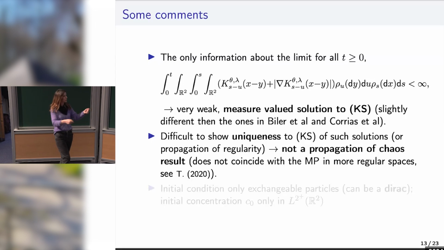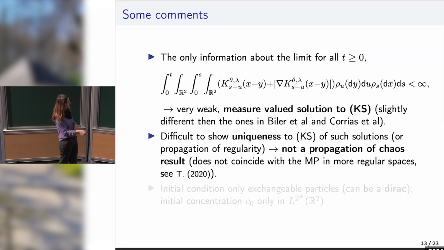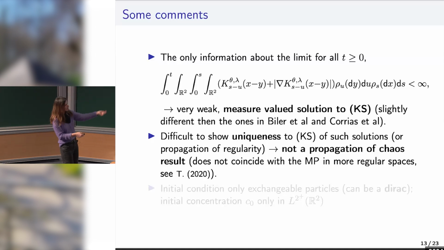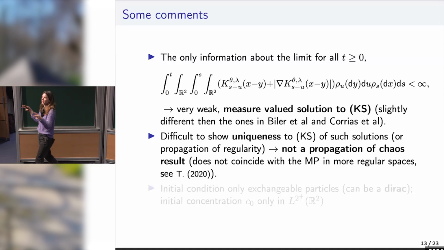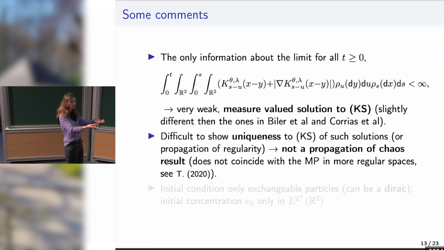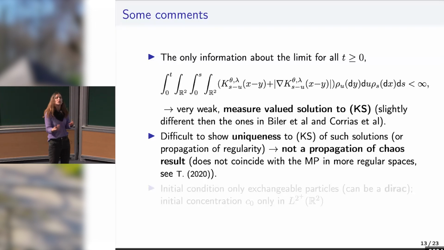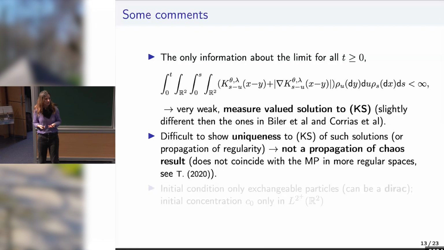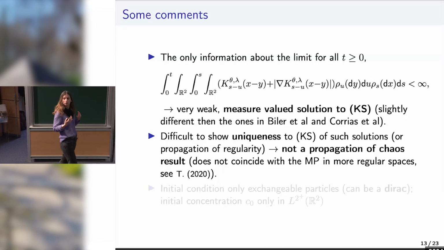So we basically have the weak form of the first equation with the time integral already injected in it, and the only thing we know about the solution is that it satisfies this. So we couldn't show uniqueness, and we don't have propagation of chaos. We just have tightness and consistency. We know that every weak limit is our solution, but we don't know that the limit is unique, at least not in this class of solutions.